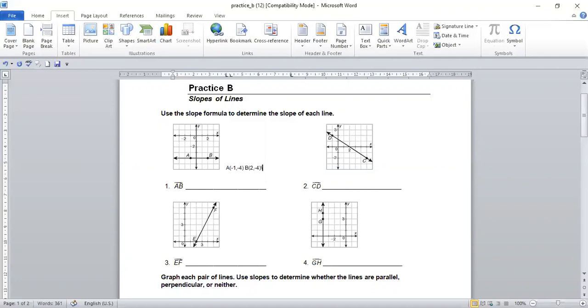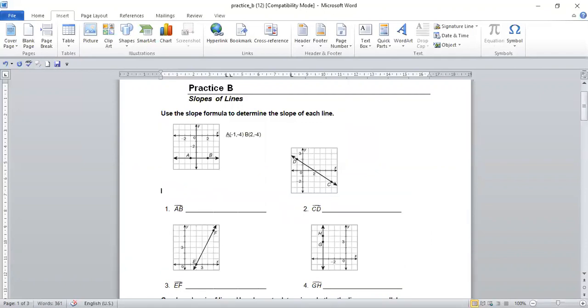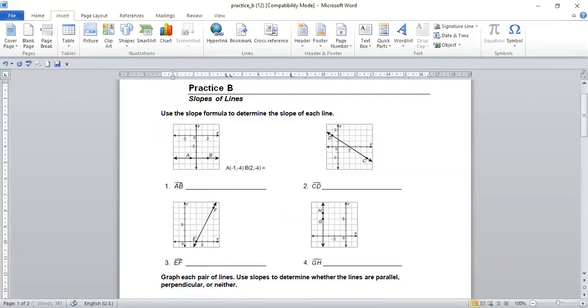So let's go ahead and find the slope. As usual, the formula is going to be y2 minus y1 over x2 minus x1. So y2 is going to be -4. Up to you, you can take either point as x1, y1 and x2, y2. I'm taking this as x1, y1, and this as x2, y2.